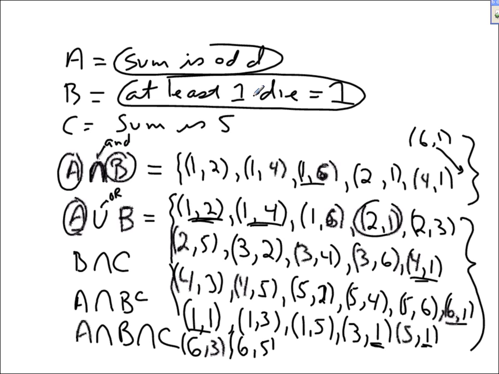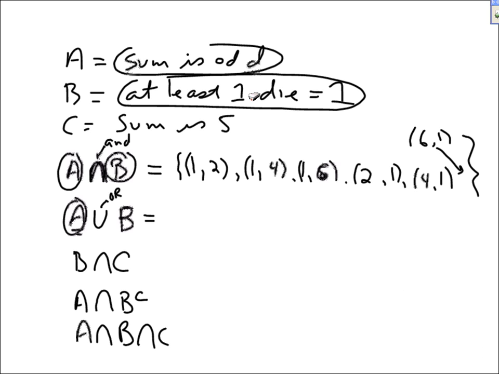Those are all the ones where either the sum is odd or I have one or two 1s. Of course, due to space, say bye to this answer. And same for the first one.